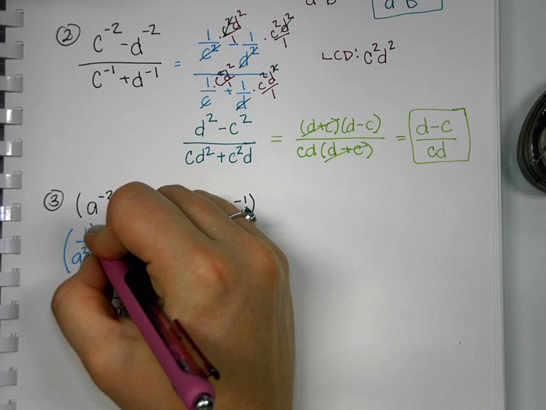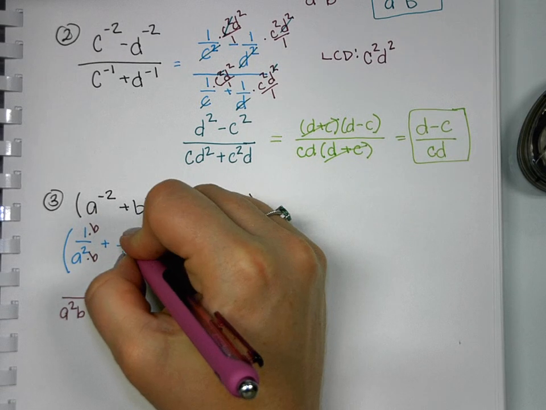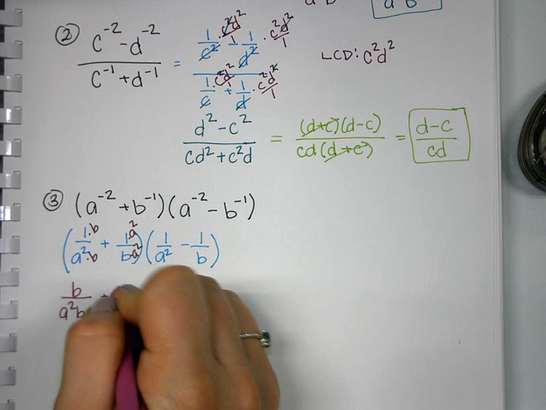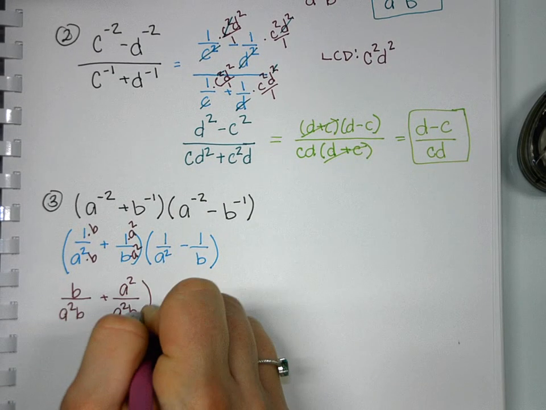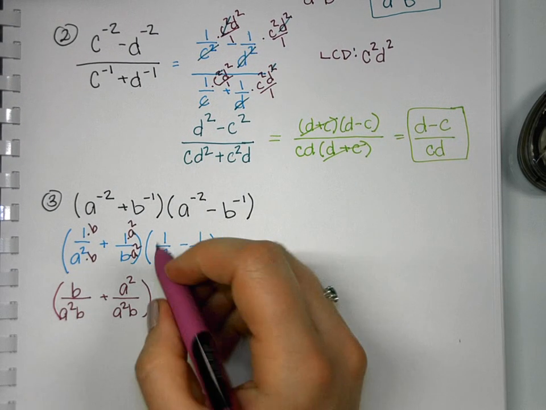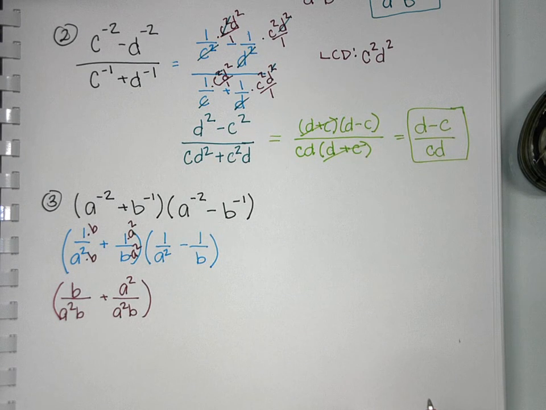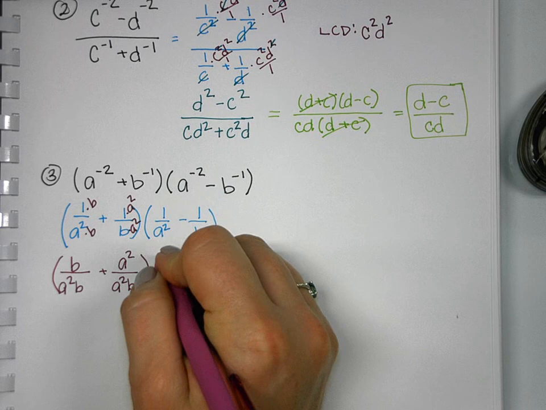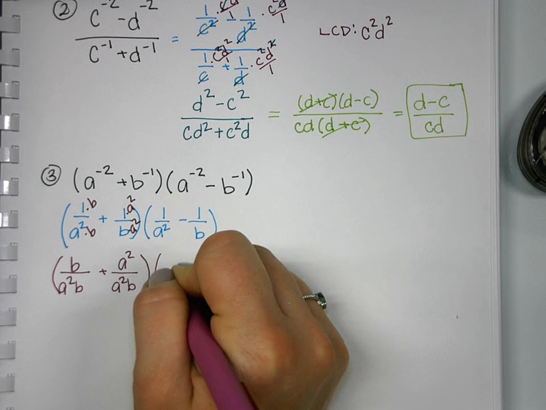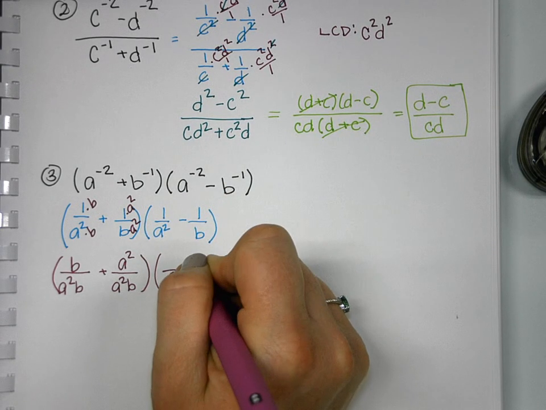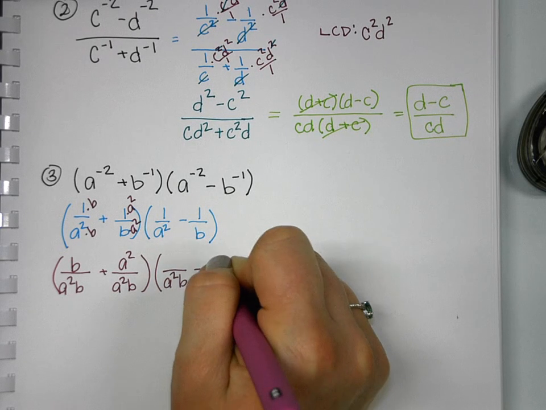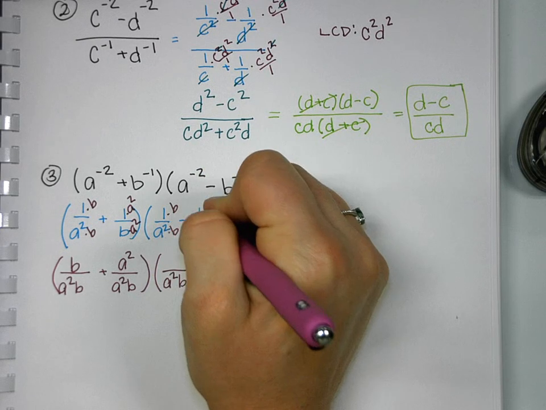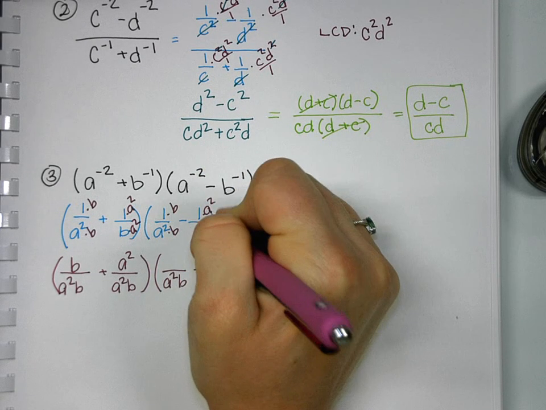So I'd have to multiply this one by b over b and this one by a squared over a squared. So I get b plus a squared in my first parentheses. And then in the second one, my common denominator is again a squared b. So I'd have to multiply b over b and a squared over a squared.